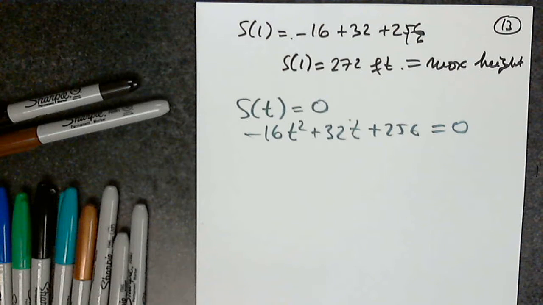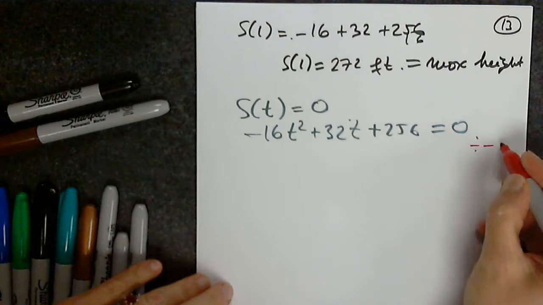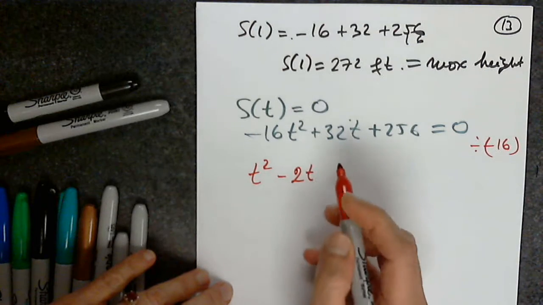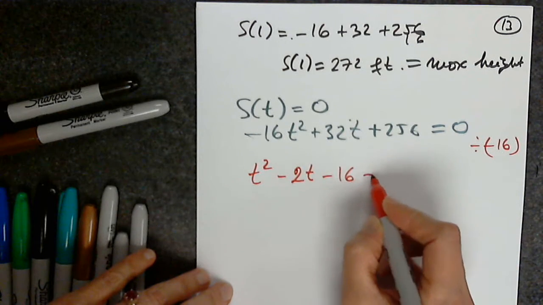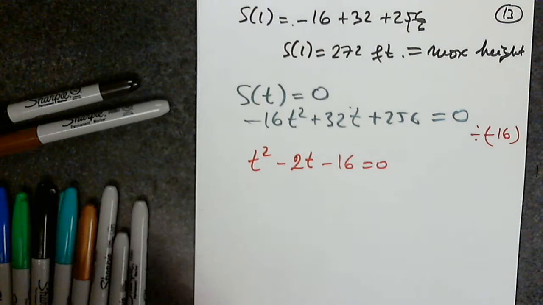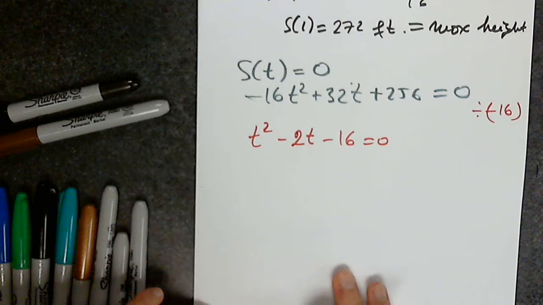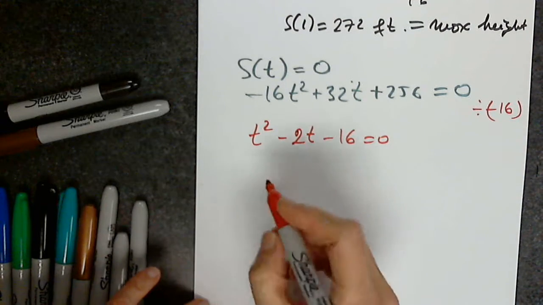Is it? Okay, so then we will divide both sides by negative 16. So t squared minus 2t minus 16 equals 0. It's much easier to work with. Still not factorable, but that's okay.